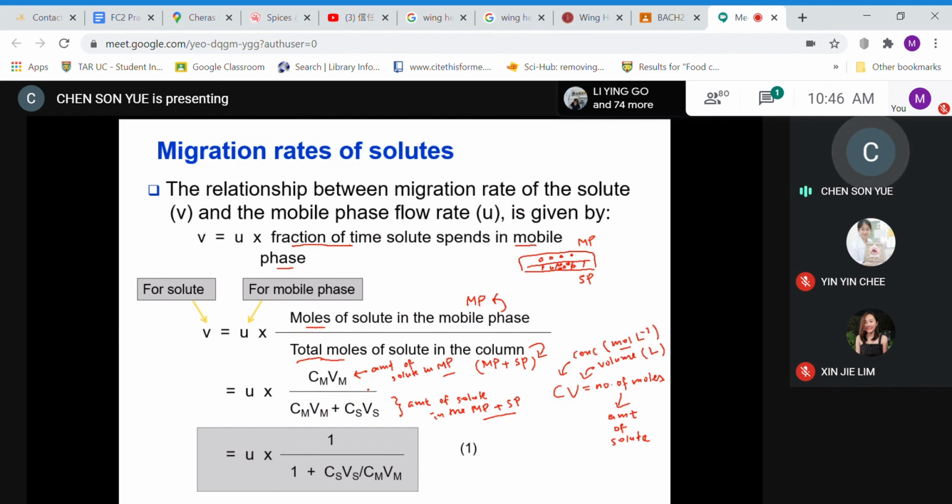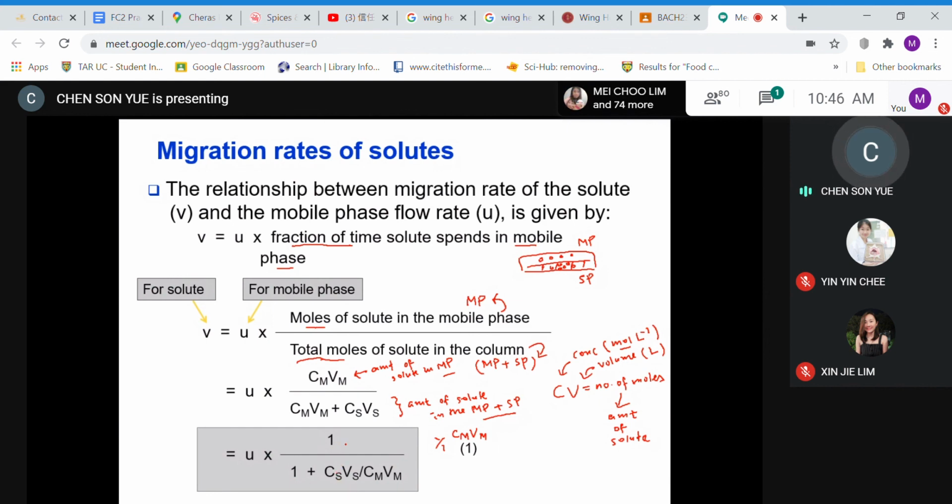And then here you just divide the top part by CM VM, and the bottom part by CM VM. That's why you get 1 over 1 plus CS VS over CM VM. All the parameters here you just divide by CM VM. You get this equation.